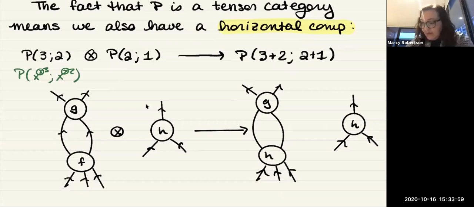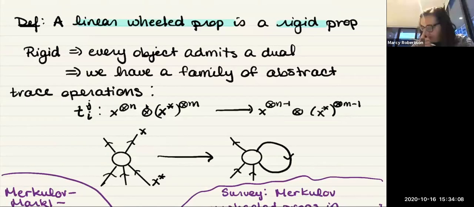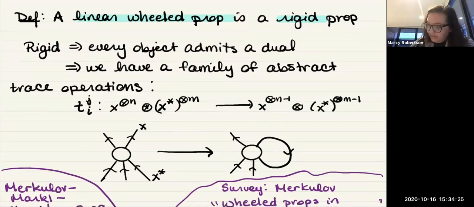And in practice, what this means is that this gives trace operations on our category, right? So if I have an X and an X dual, then I can identify them. So this would be like the trace of this. So 1, 2. You would label these guys and you would identify them.